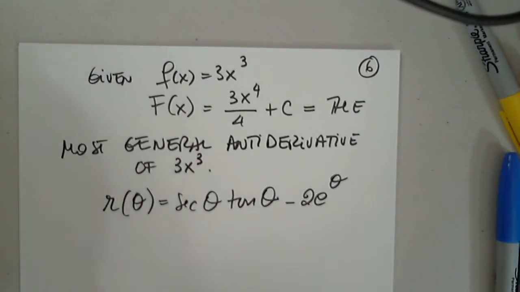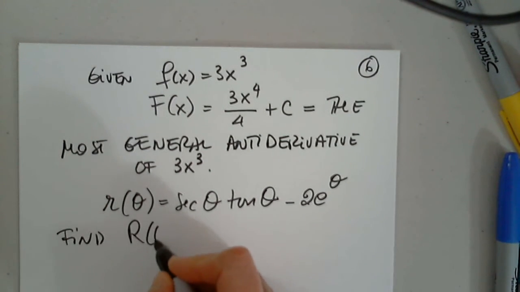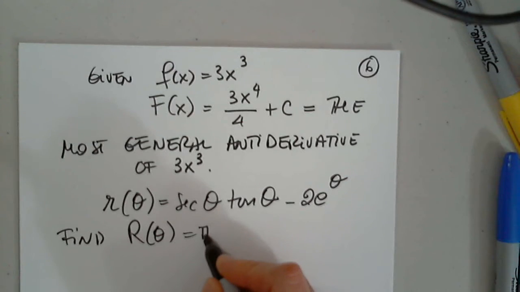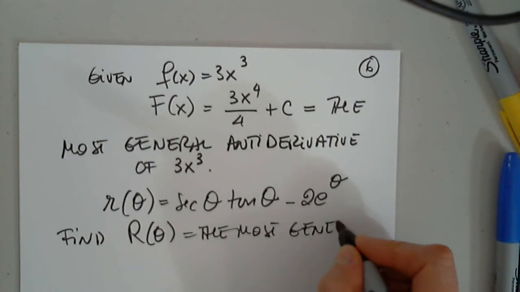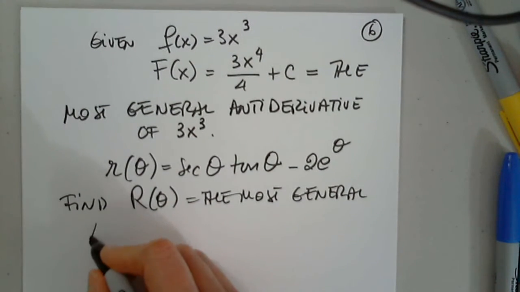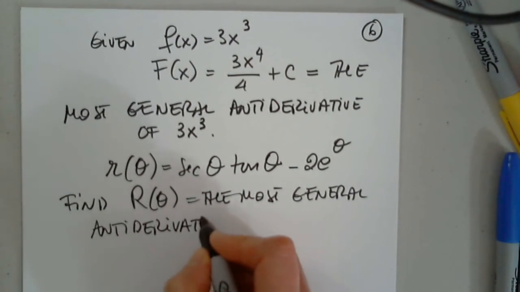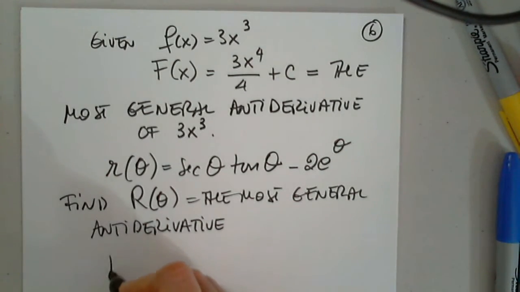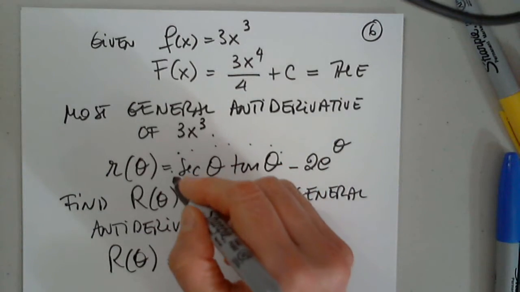Since I'm asked to find the most general antiderivative, find R of theta, the most general antiderivative. So R of theta will be, which function prime gives us this?